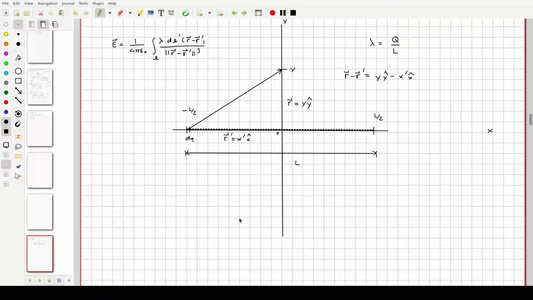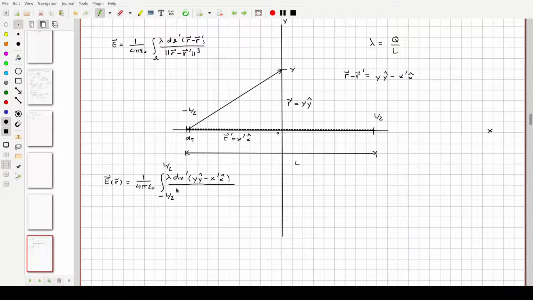Okay, so that means we can write down our electric field integral. We're starting from minus L over 2. We're ending up at L over 2 instead of minus infinity to plus infinity. Lambda dx prime, r minus r prime, is y hat minus x prime x hat.